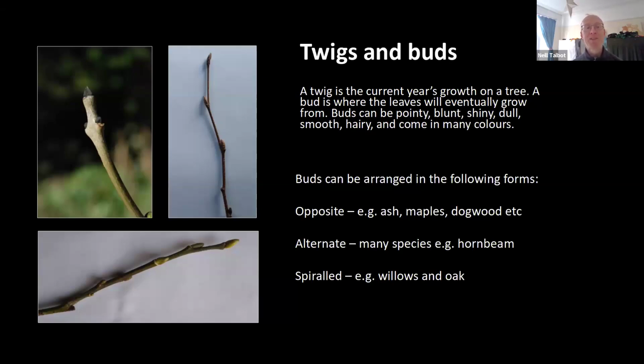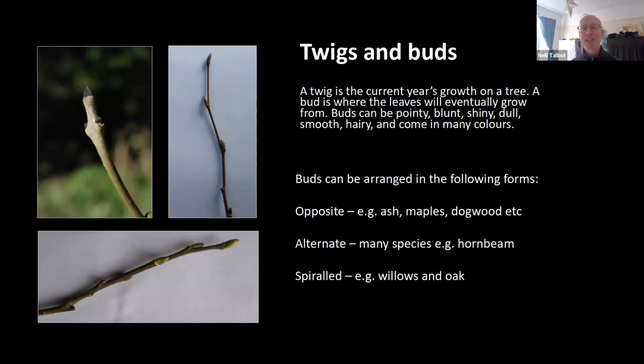The two on either side of the twig, just below the terminal bud, are the lateral buds. And then you'll get buds lower down arranged opposite each other. In some cases, they're slightly lopsided, so they don't always line up exactly.